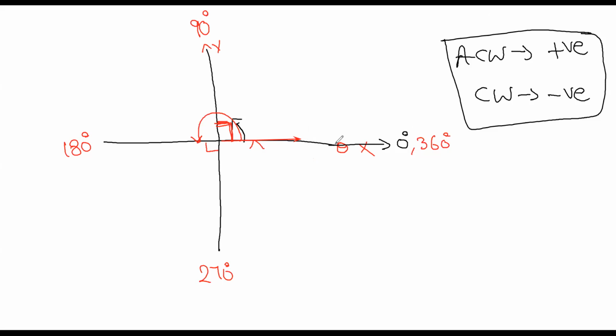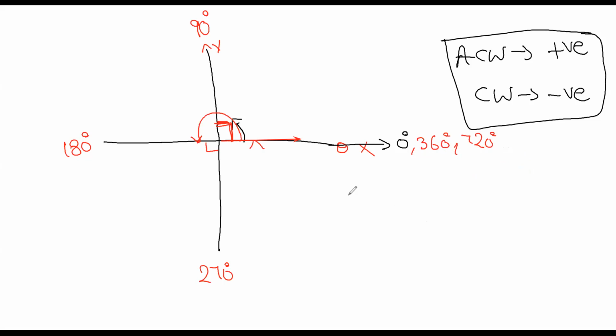So when you rotate the angle by one full cycle, that is through 360 degrees, the value won't change. Means 360 degrees we can take as equal to 0 degrees. In the same way, if you rotate for 2 cycles, that is 720 degrees, you will be in the same position. So this is called full cycles.